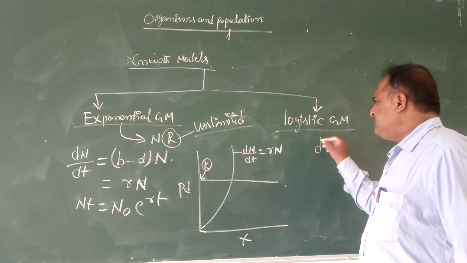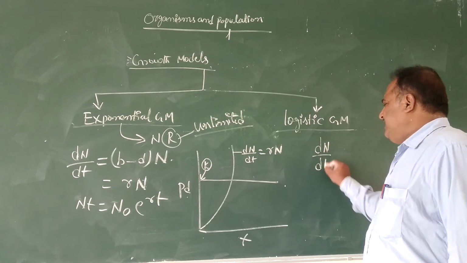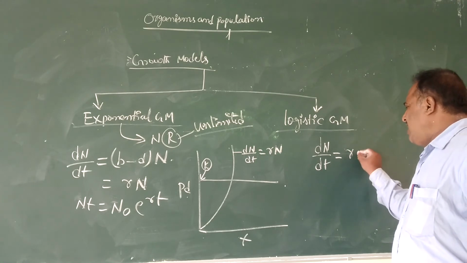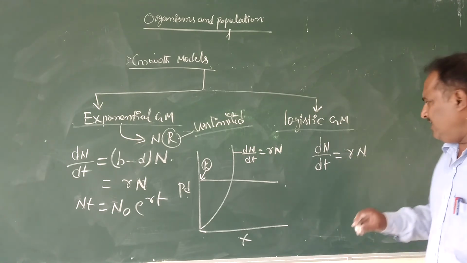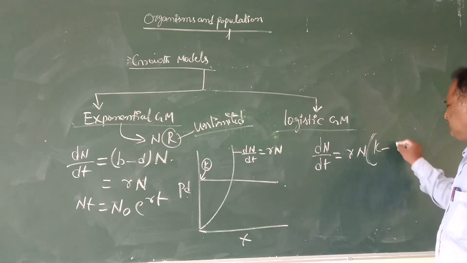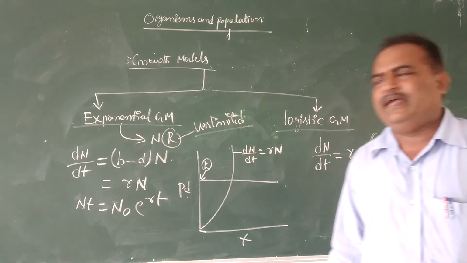Here, the equation of this model is dN/dt equals rN (K minus N) by K.